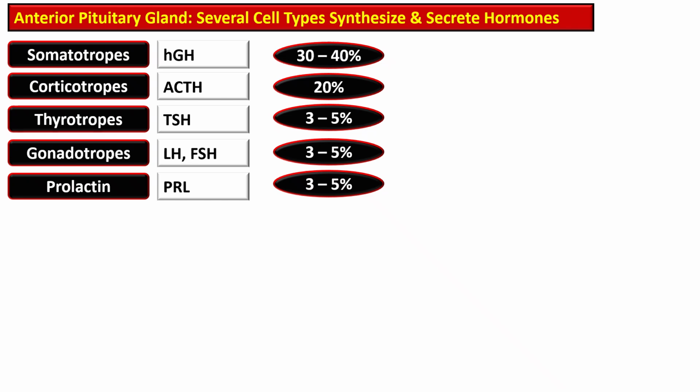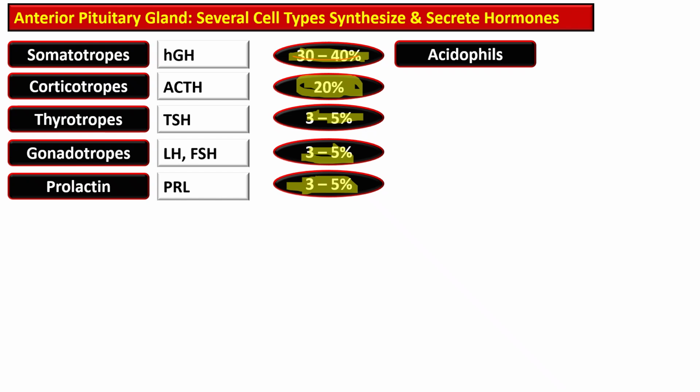Most of these cells are somatotrophs. About 30 to 40% of the cell population is composed of somatotrophs, while 20% are corticotrophs. The remaining thyrotrophs, gonadotrophs, and prolactin secreting cells are about 3 to 5% each.